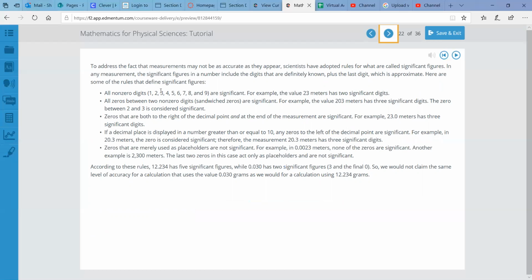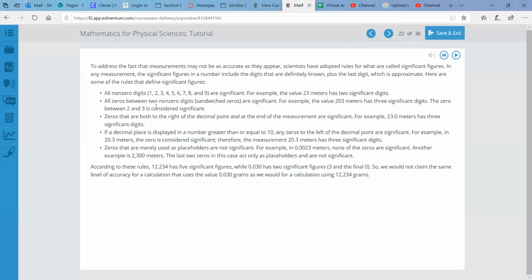All non-zero digits, 1, 2, 3, 4, 5, 6, 7, 8, 9, are significant. The value 23 meters has two significant digits. So wham, bam, 2, because they're all non-zero.